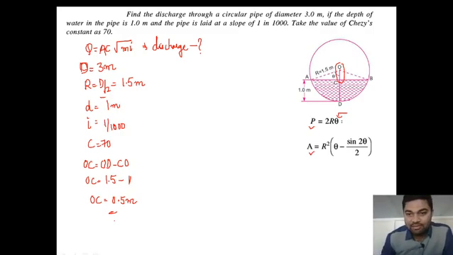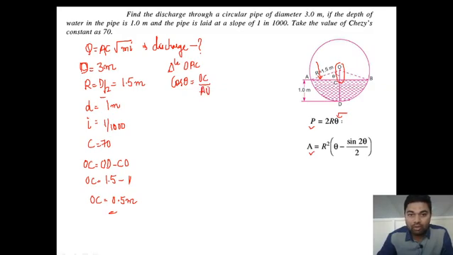The next is, we apply cos theta in the triangle. Consider triangle OAC. In this triangle, cos theta is adjacent OC by hypotenuse AO.